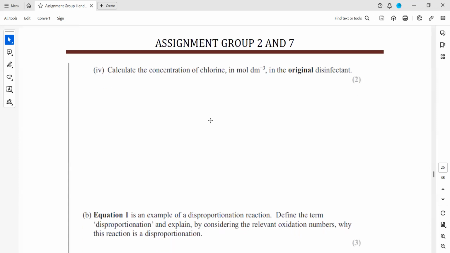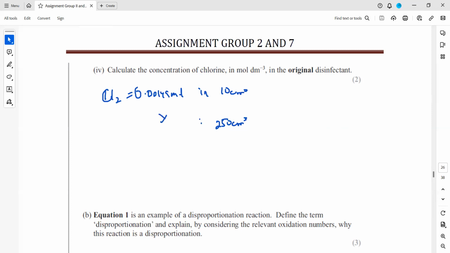calculate the concentration in dm cube in the original disinfectant. After getting the moles of chlorine in 10 cm cube, which were 0.00149, it was there in 10 cm cube solution. But what we need originally, we made the solution to 250 cm cube mark, because from that 250 cm cube we took out 10.